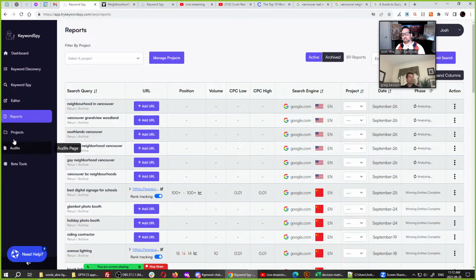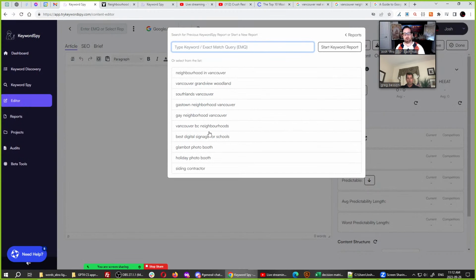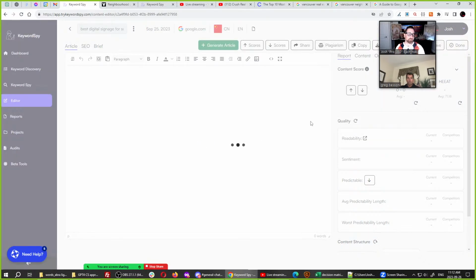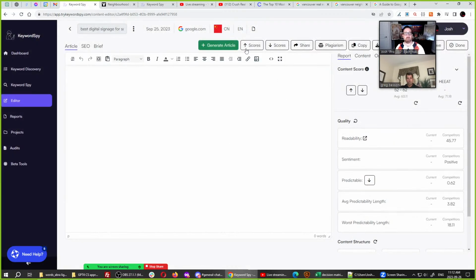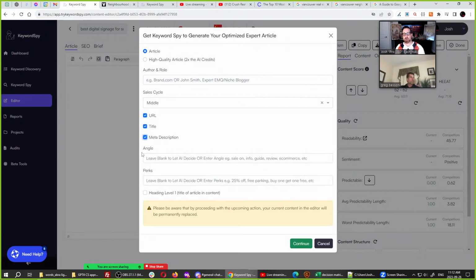Then when they're done, you would go into the editor. It takes us a while to build some AI models. Once they're done, and this is important for real estate, queries like this one here, you'd come in here. Currently, the user interface would be you'd build an article or a high quality article. You'd say, yeah, I want the URL, the title, the meta description, the level 1 heading.